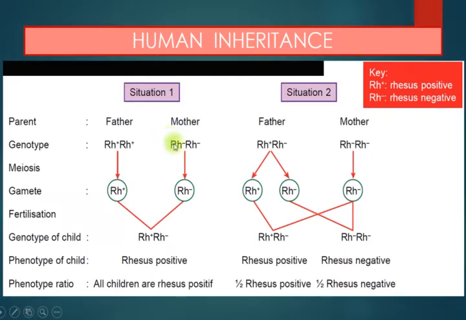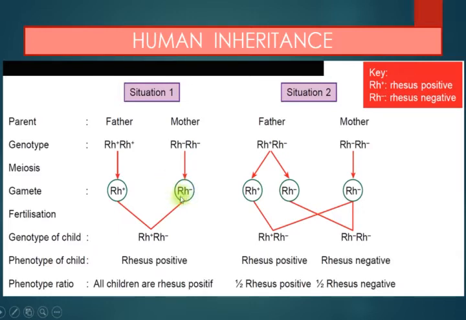During the formation of the gamete, meiosis occurs, and all the gametes of the father will carry the rhesus positive allele, and all the gametes of the mother carry the Rh negative allele.